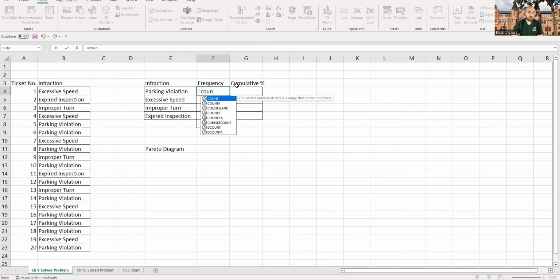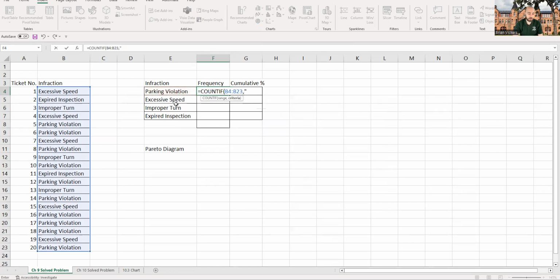So COUNTIF, right here, the range. The range is going to be this section right here, comma, the criteria you want to look for is this item specifically. Now we click on the cells here, because I could type the words out, "parking violation," and if you're going to type words, you have to put them in quotation marks.